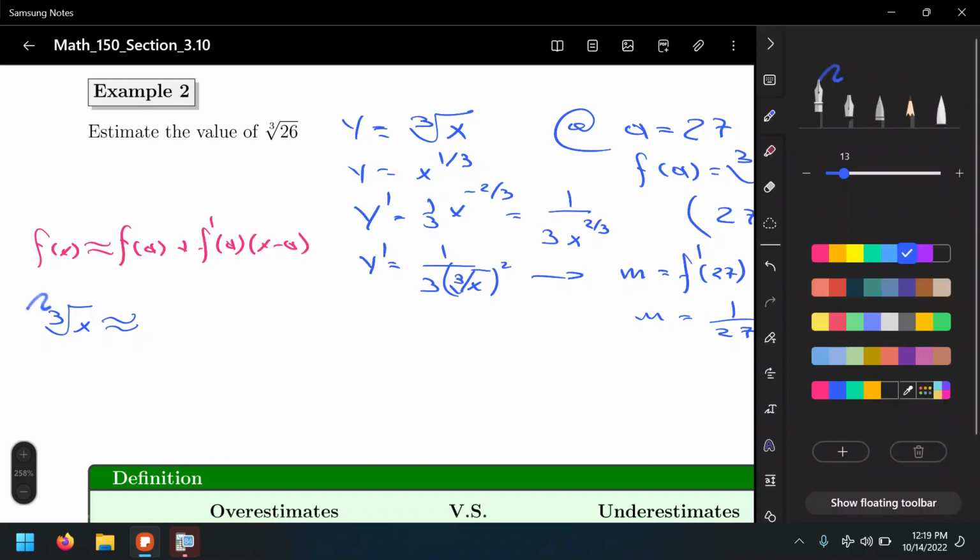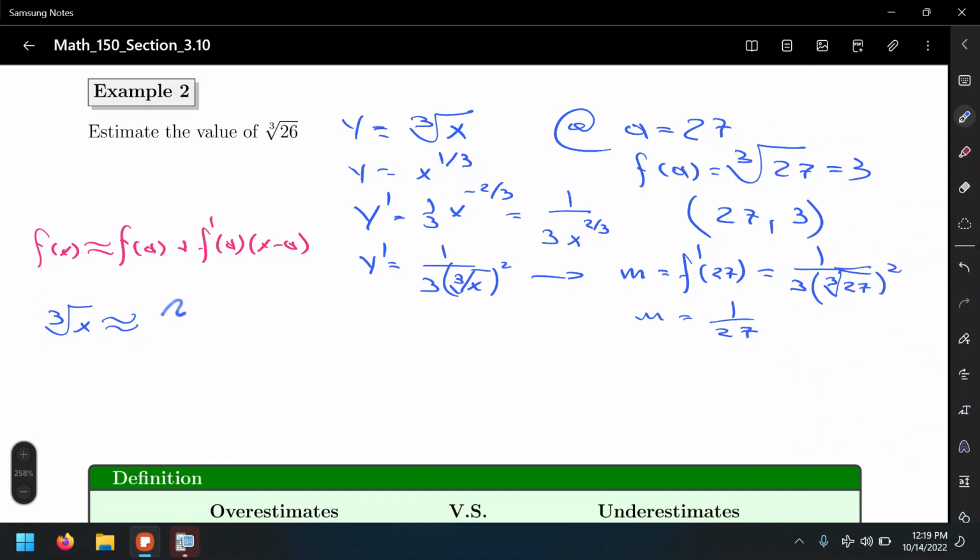So we're going to adapt this to our problem. So that's f of a, which is 3, plus the slope, which is the derivative, 1/27 times x minus 27. And again, don't attempt to distribute this to make our calculations easier, alright?